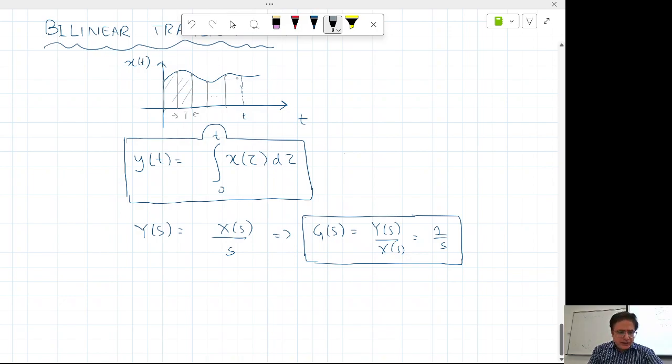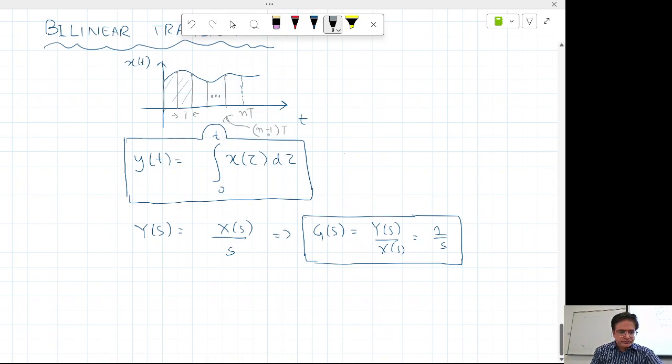If this is sample number 0, this will be sample number 1 times T in terms of seconds. Sample number 2 times the sampling interval T seconds, sample number 3 times the sampling interval T seconds, and so on, until, let's say, this one is sample number n. So this is sample time n times T seconds, and this one is going to be n minus 1 times T seconds.